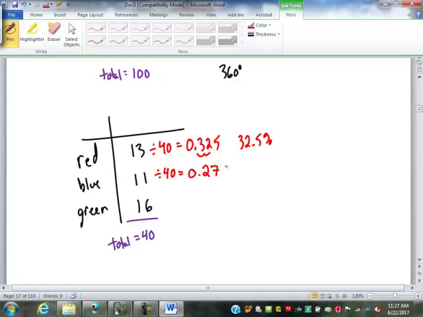Careful, something's a little off there. 11 divided by 40, you did 40 divided by 11. Oh. 11 divided by 40 should be 0.275. So 27.5%. Yep. 16 divided by 40.